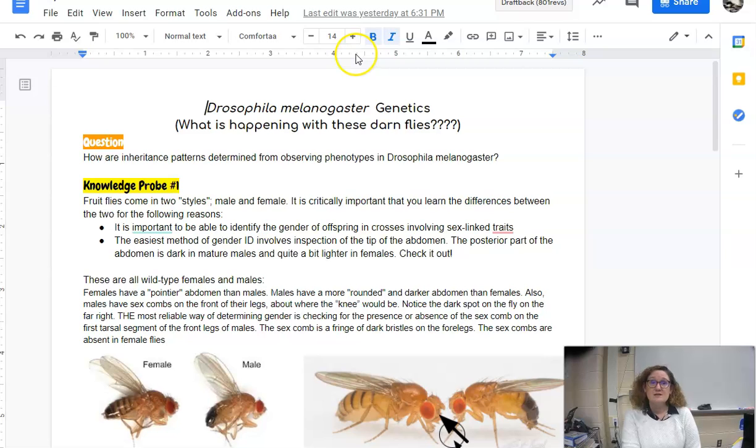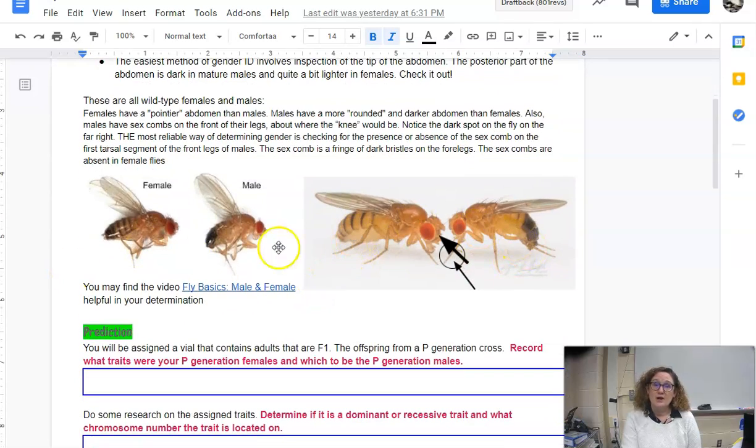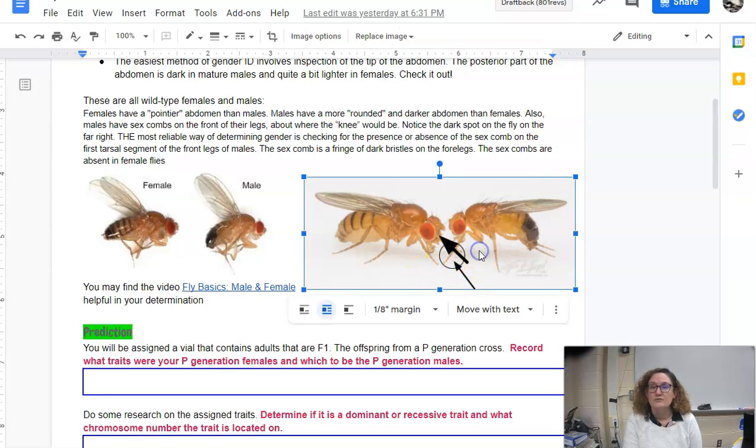For the flies, you're going to read through this first knowledge probe that talks about how to identify a male versus a female fly. These are both wild type, where you have the red eyes and the normal wings. The males have the blacker abdomens versus the females have the lighter abdomens. And then they also have sex combs, which are not, oh, these arrows are off.